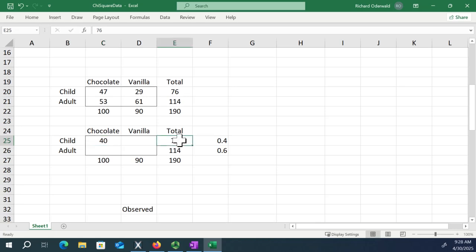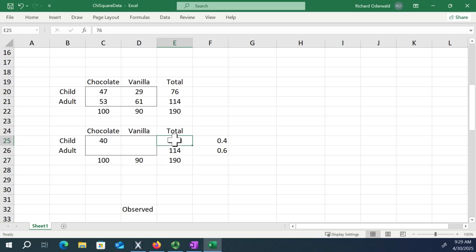This is 76 times 100 divided by 190, or 40% are in the child category. 100 prefer chocolate, adult or child, so that 40 is in there. That's the expected number. The mechanical way to think of it is this total times that total divided by the overall total.